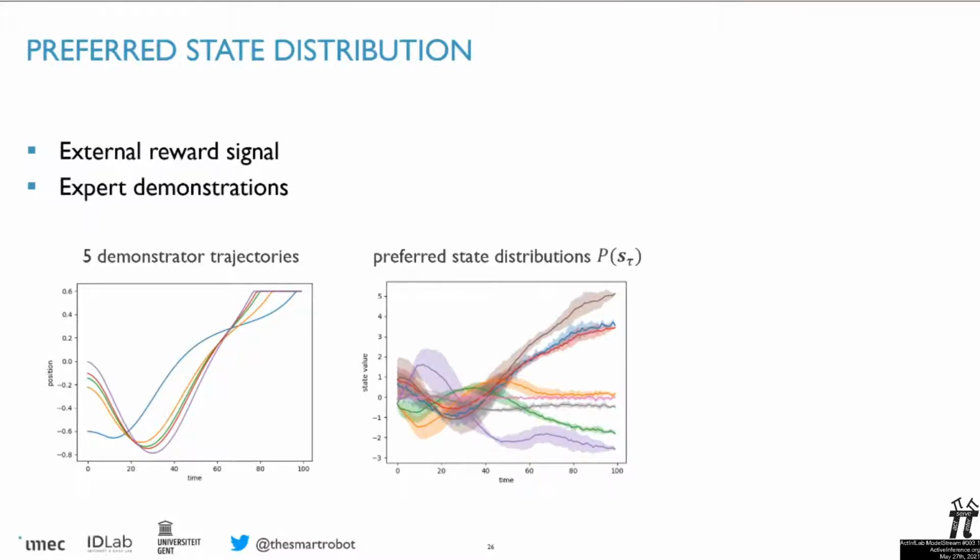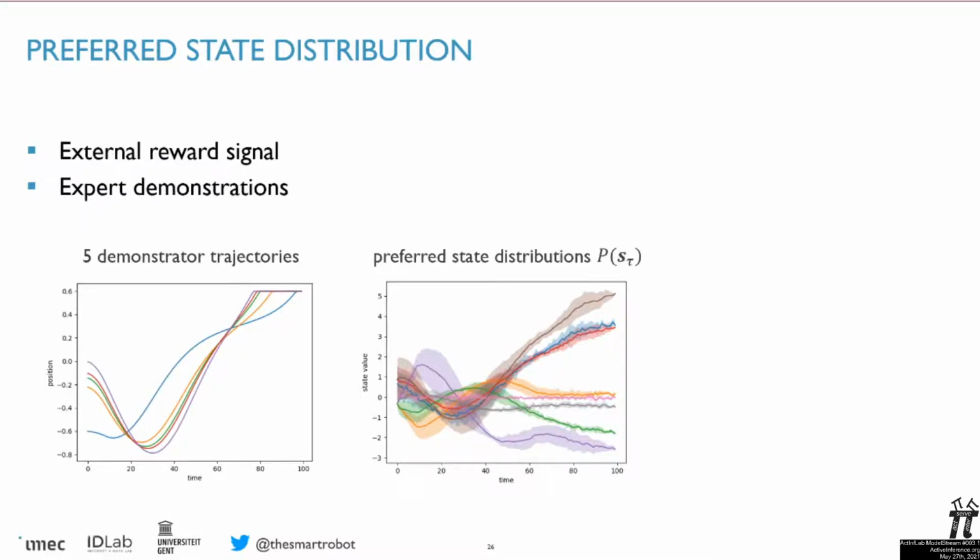Then we push these trajectories through our posterior model to get a preferred state distribution. On this figure, you can see the 8 different dimensions, how these evolve through time if you follow these trajectories, and the spread gives you the standard deviation at each time point for that state value.